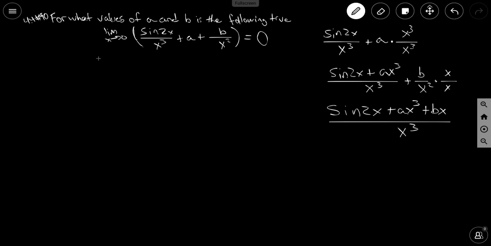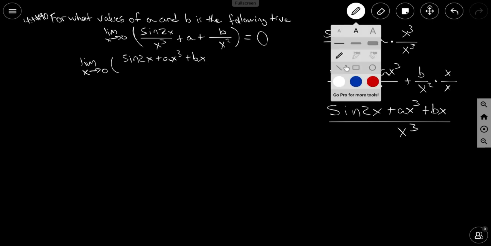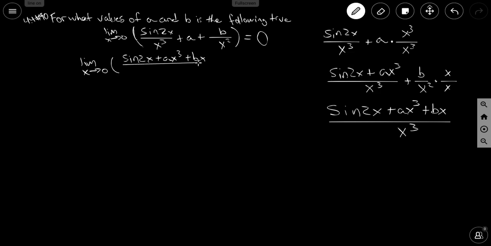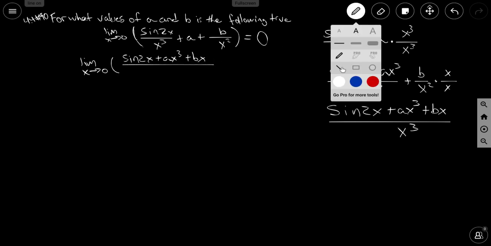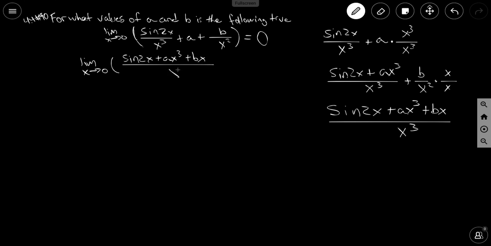So I'm going to go ahead and rewrite my limit. From here, you can go ahead and plug in to check for the indeterminate form.